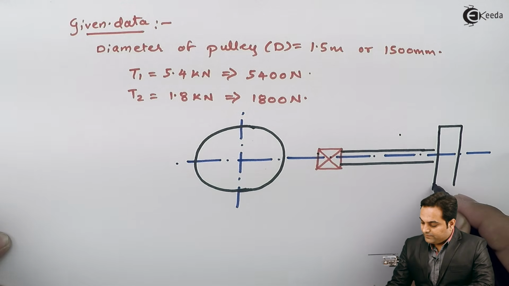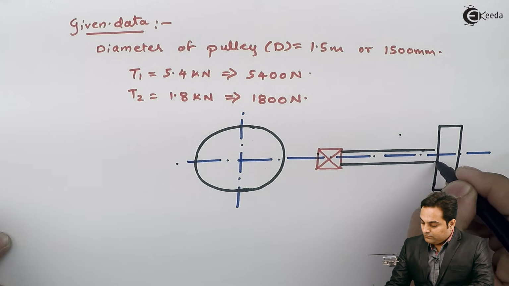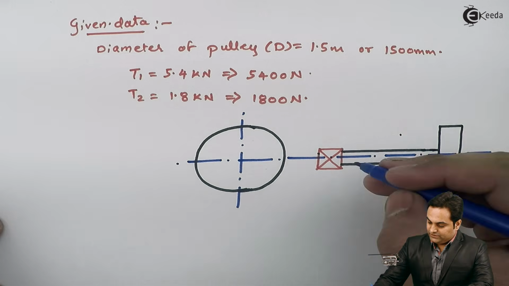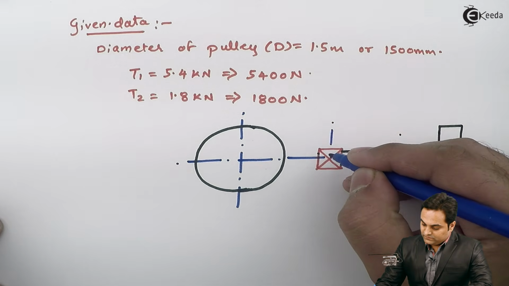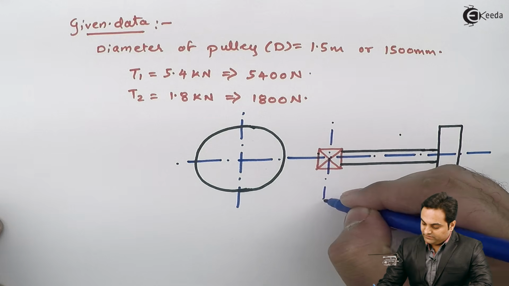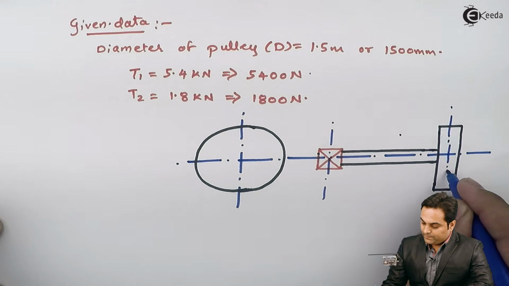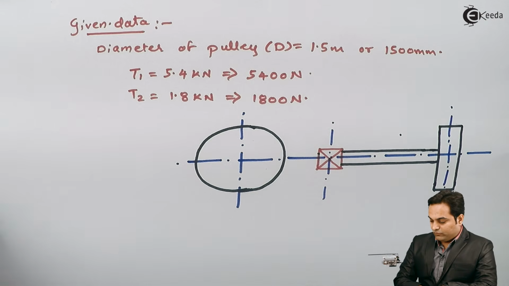So here is the diagram, and the distances are given in this problem, that is the distance from this center where the shaft is supported to the center line of the pulley, that is taken as 400 mm.